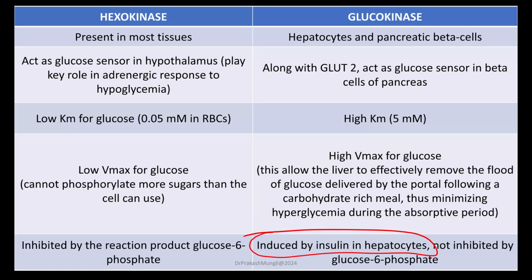That is why it is induced. Remember this. So how to avoid induction? Control carbohydrates. Okay. So there is no feedback inhibition of glucokinase by glucose 6-phosphate. Product inhibition is not there. Once it is converted, that's it. It goes into fatty acid. There is no feedback.